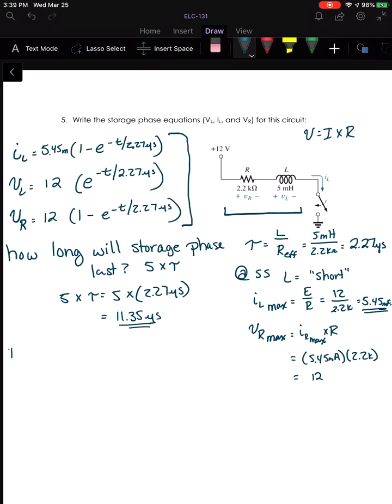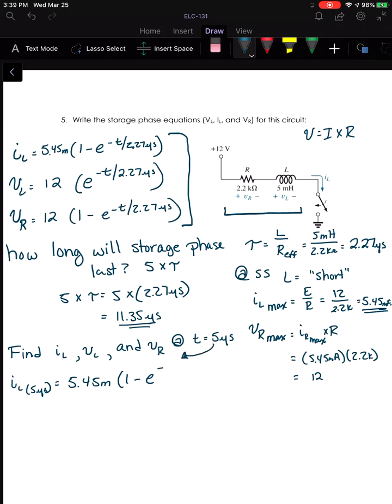We're trying to calculate what's happening throughout this phase. Okay, so let's say we want to find I sub L, V sub L, and V sub R at, let's see, what time? Let's say 5 microseconds, okay? What I would do to calculate that, I sub L at 5 microseconds, I would just put in my equation, 5.45 milliamps, 1 minus e to the minus, now this is where you'll put this.